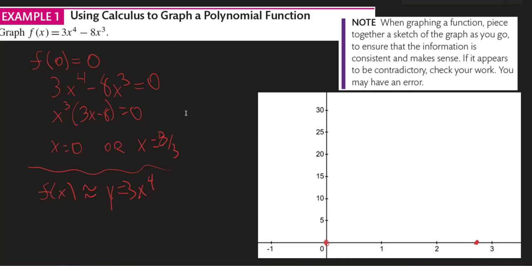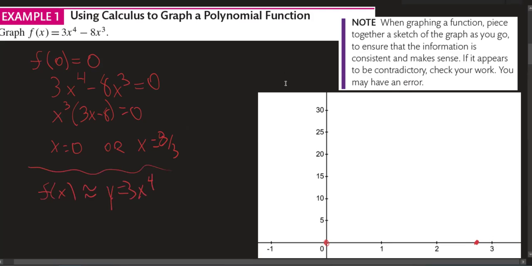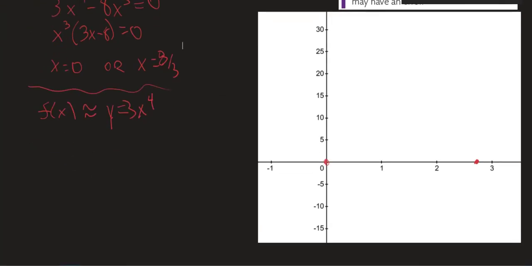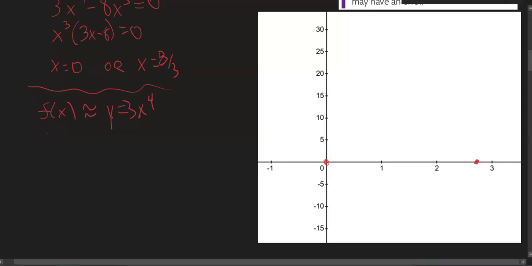Okay, so now step 3 is to determine the critical numbers. And so we want to do that next by setting the derivative equal to 0. So f prime is equal to 12x cubed minus 24x squared.